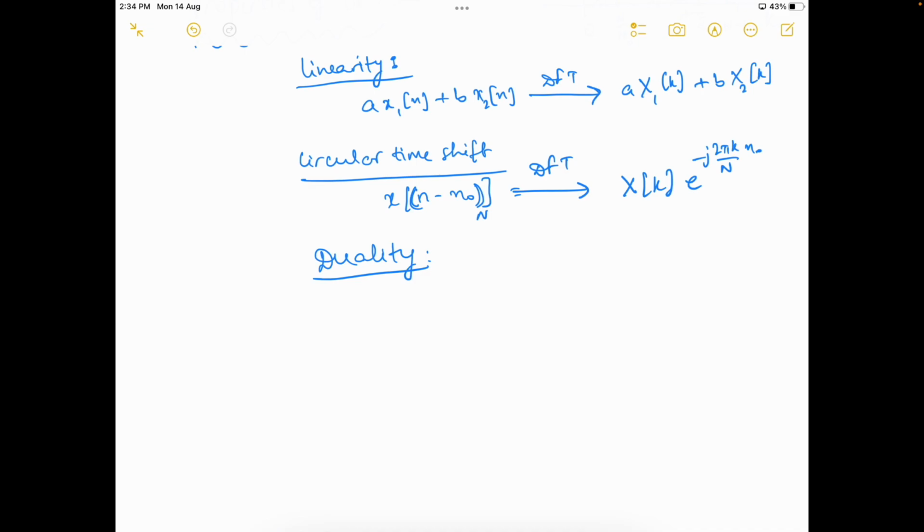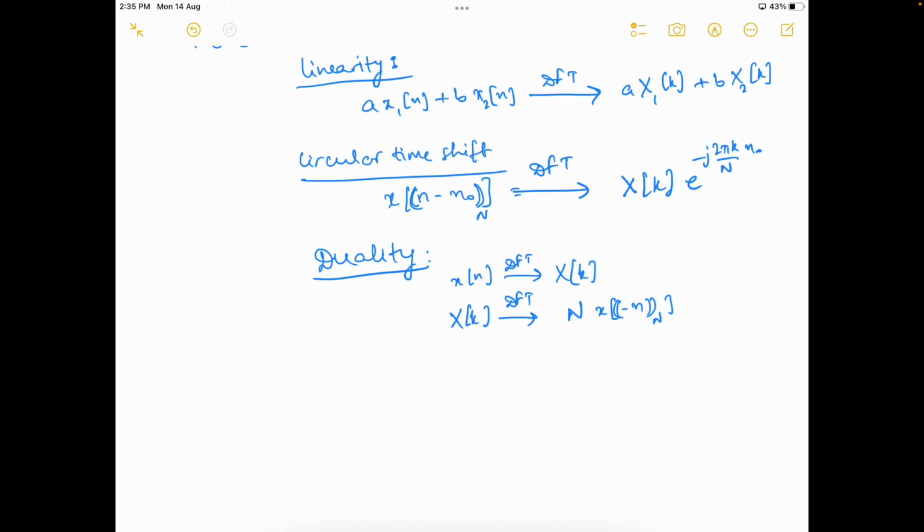So this is what duality is. So let's say if my x[n] goes to X[k] when I take the DFT, when my X[k] goes through the same function DFT, what do I get? I get N times x[-n].